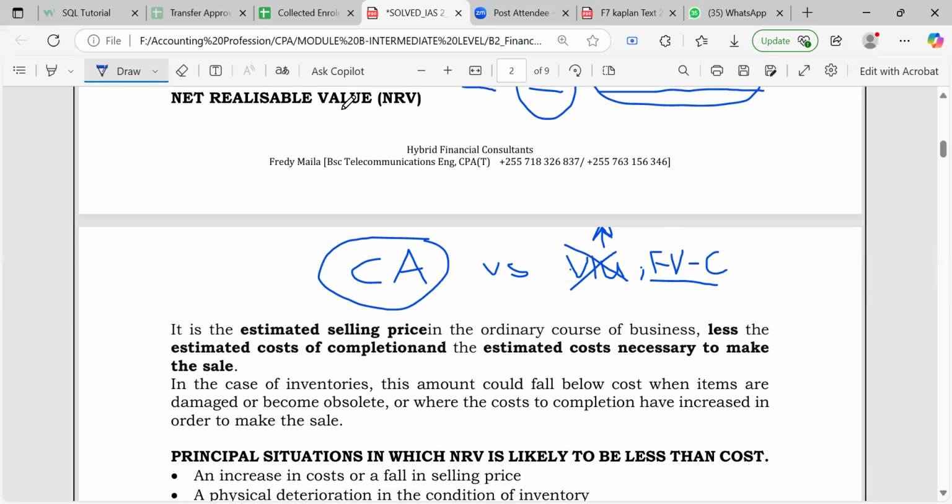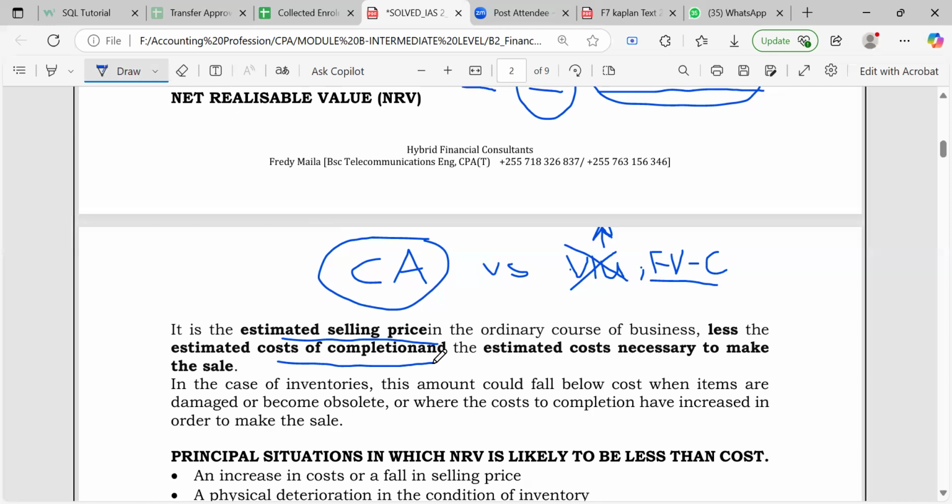How do you get net realizable value? You see, at what price can you sell something, and what are the incidental costs of making that asset actually to be in a sellable condition, right? And actually sell it. That's the net realizable value. It is an estimated selling price in the ordinary course of the business, less the estimated cost of completion in case it wasn't ready, obviously.